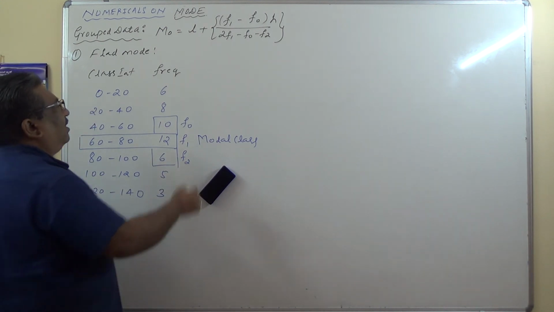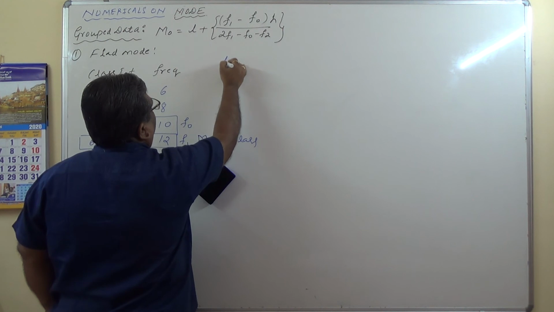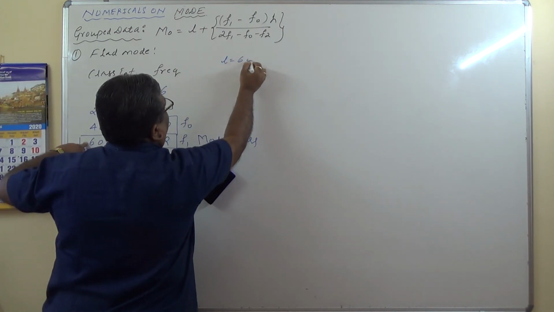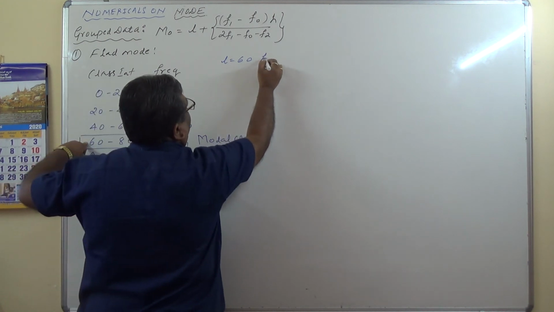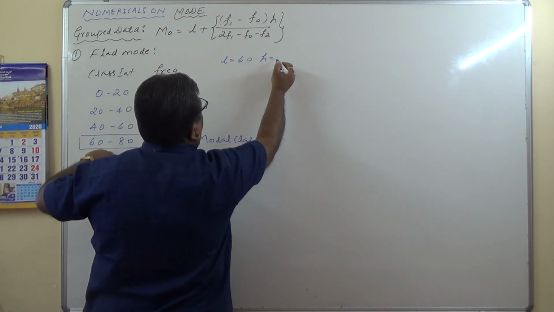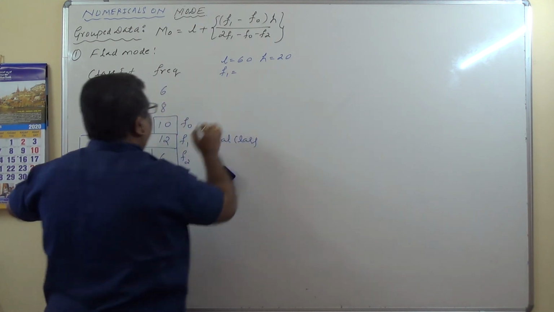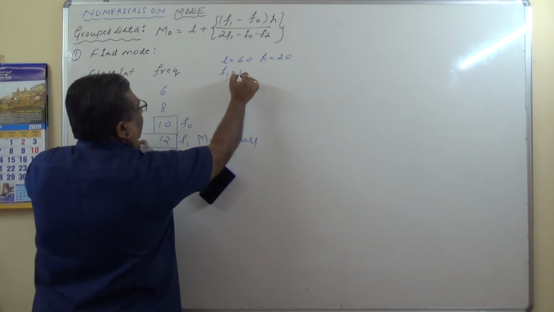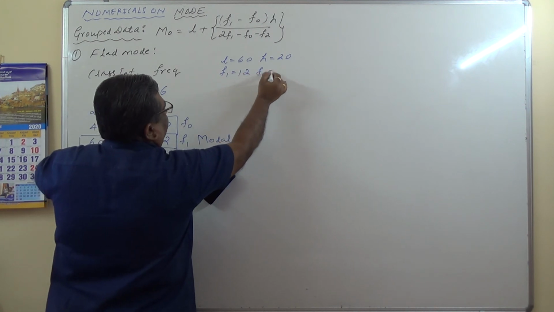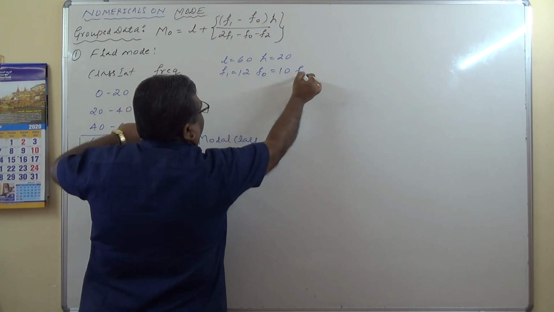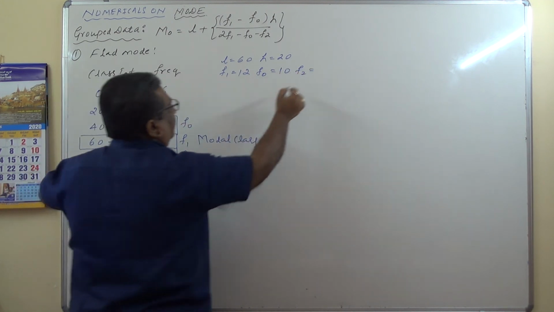Any other thing is required? So I will populate the values here first. L equals, lower limit is 60 of the modal class interval. H is the class width which is 20, 80 minus 60, 20. Then F1 is 12. F0 is 10 and F2 is 6.